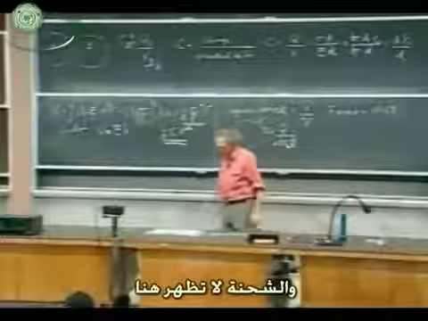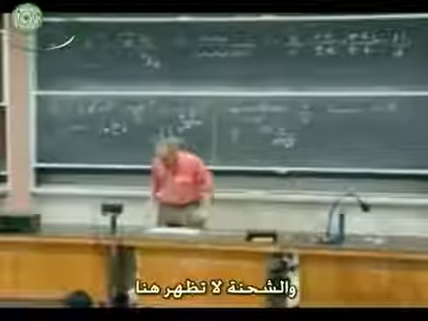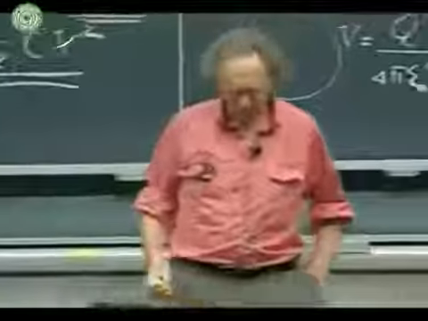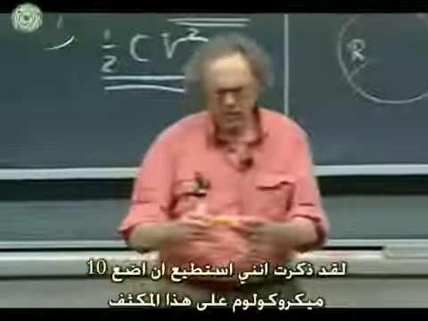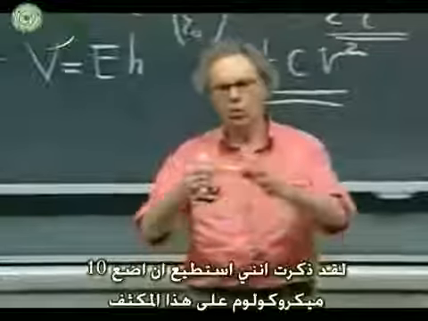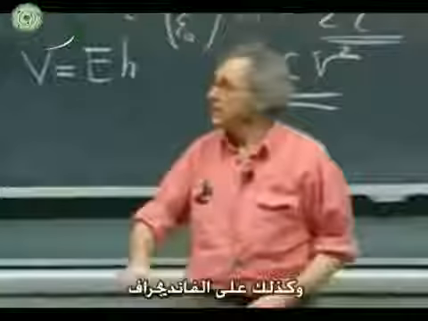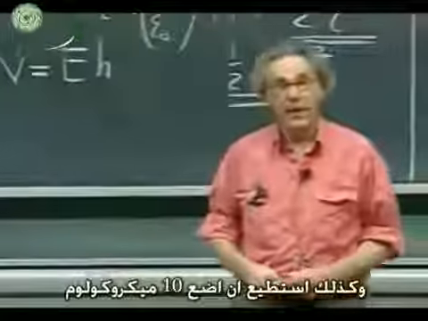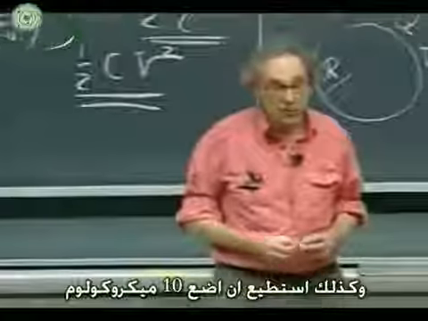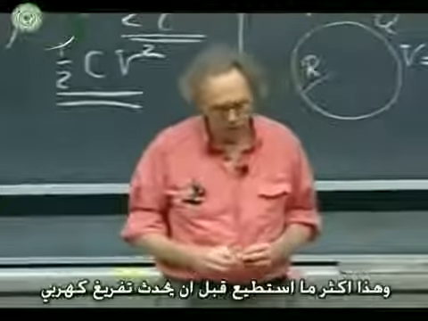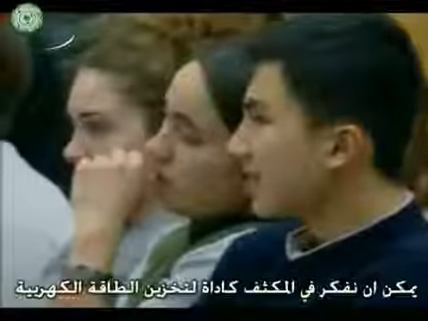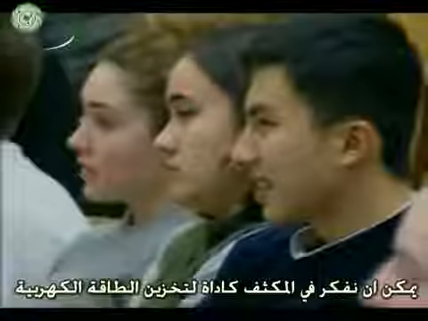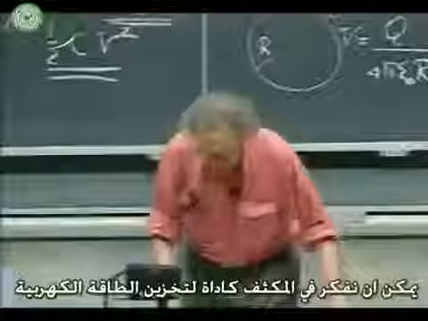Never does the charge show up in there. So I mentioned that I can bring 10 microcoulomb on this capacitor, and yet on the Van de Graaff, I can also only bring 10 microcoulomb. That's the maximum I can do before it goes into breakdown. We can think of a capacitor as a device that can store electric energy.